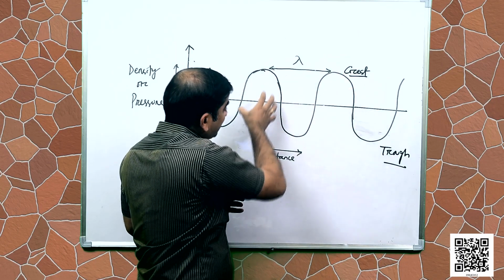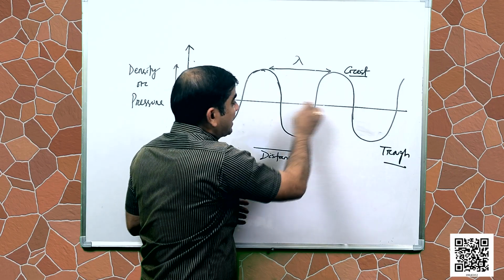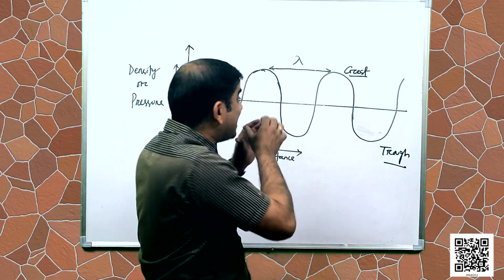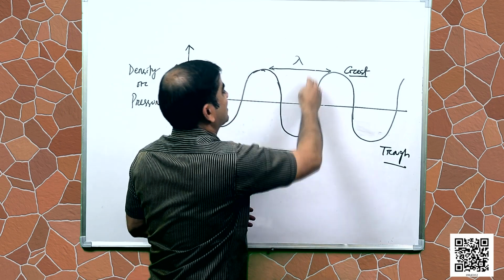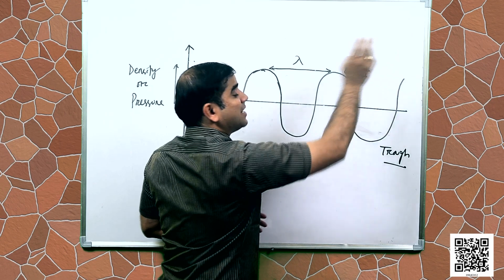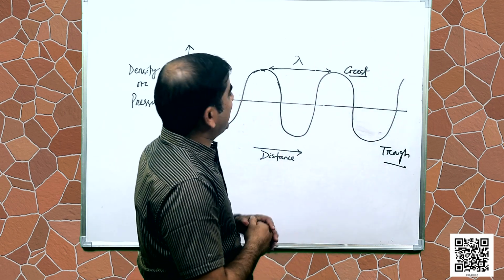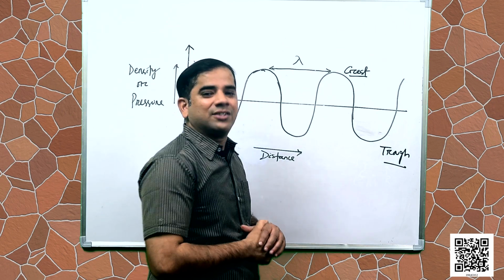That means the valley, below the straight line, is your rarefaction. So, compression and rarefaction, compression and rarefaction, and so on. The peak is called the crest and the valley is called the trough.